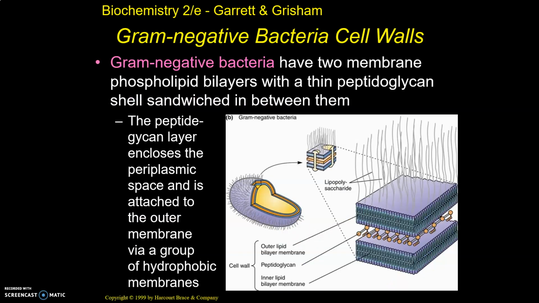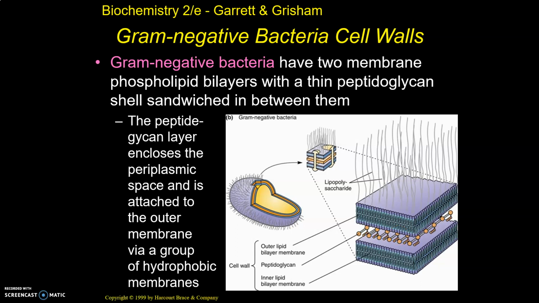Now, what about gram-negative bacteria? In gram-negative bacteria, the phospholipid bilayers are like the pieces of bread, and the peptidoglycan is the meat in the sandwich. Notice these layers are a lot closer together. It's much more smashed and not as big.